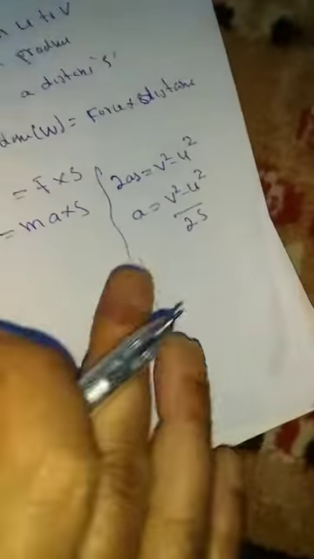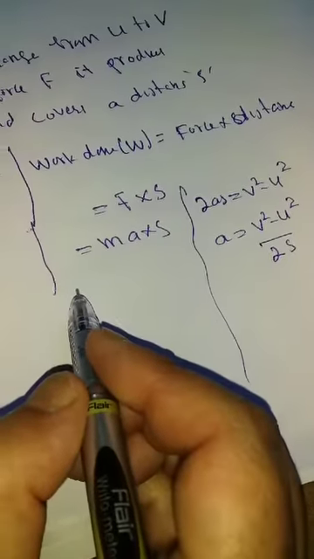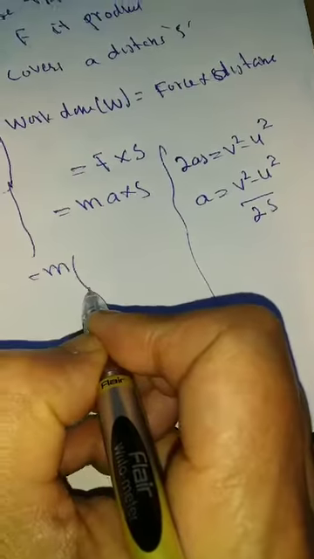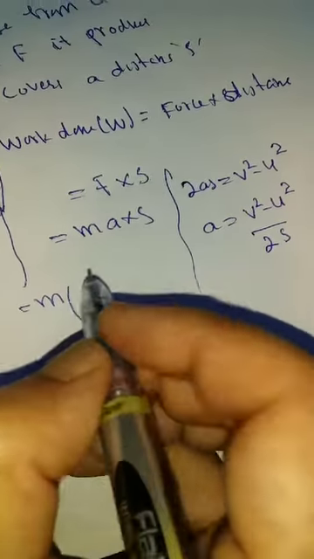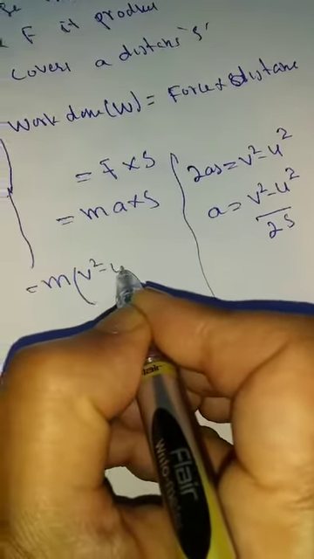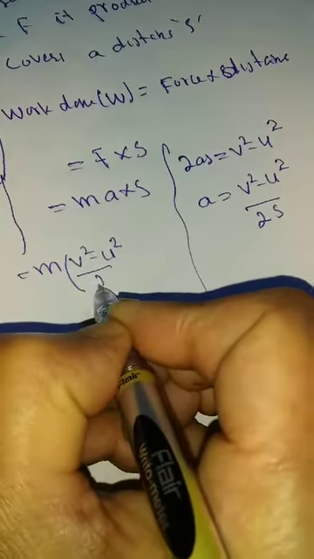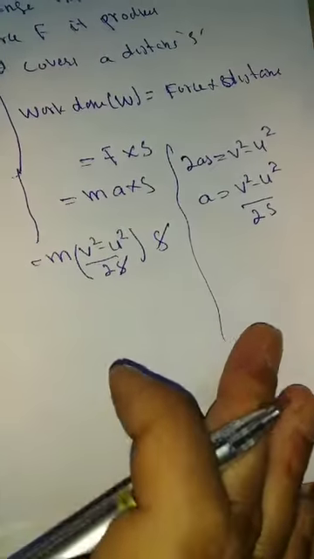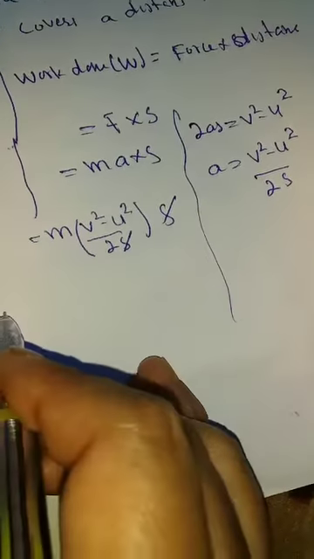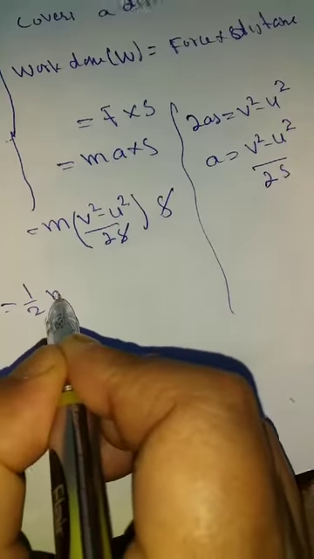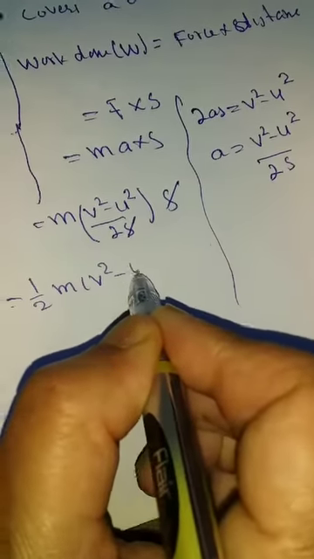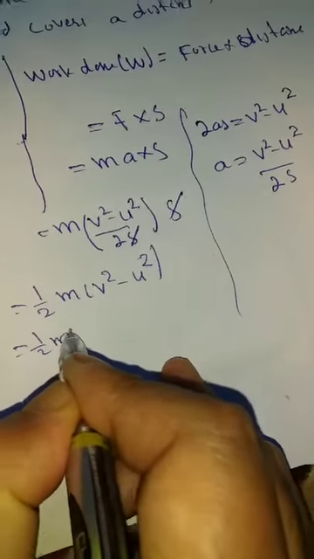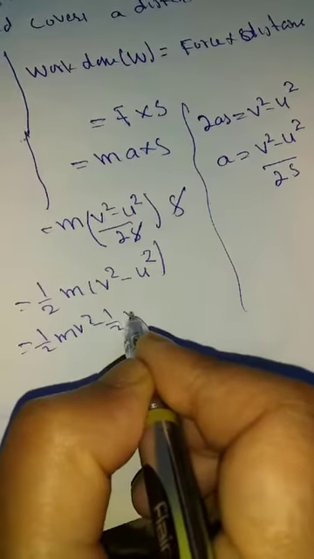When we substitute the value of acceleration in this equation, we get mass into v square minus u square divided by 2s, multiplied by s. This is 1/2 of m into v square minus u square, which is 1/2 of m v square minus 1/2 of m u square.